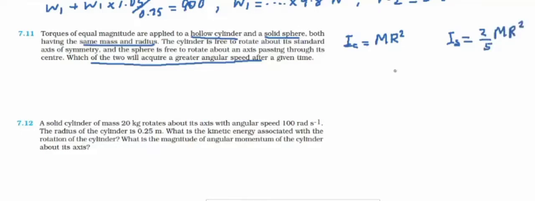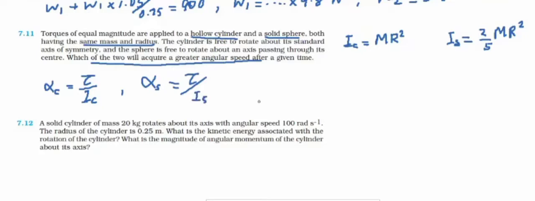2 by 5 mr square. Now we can have angular acceleration. Alpha of cylinder is equal to torque divided by I for cylinder. And angular acceleration of sphere is equal to, both are having same torque acting, divided by Is.